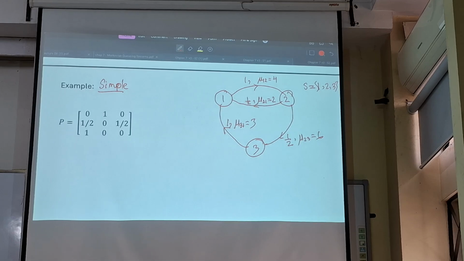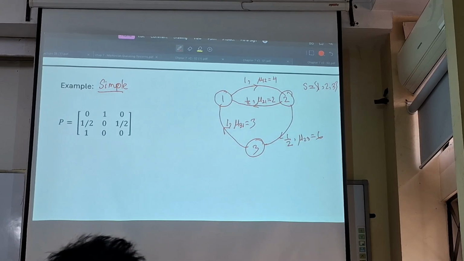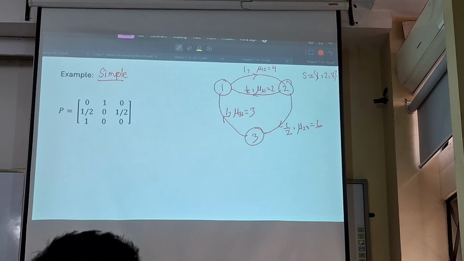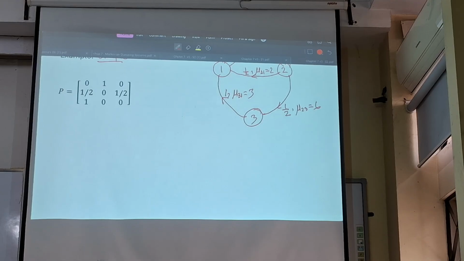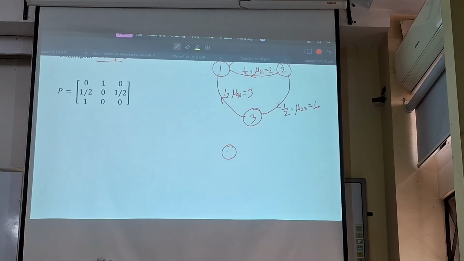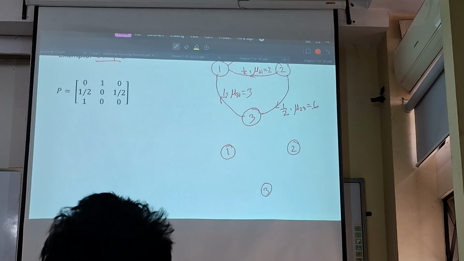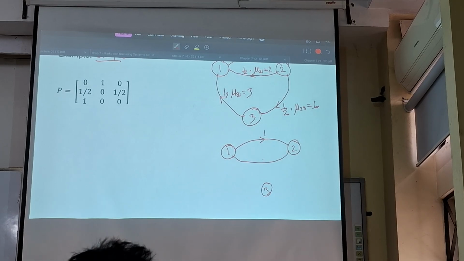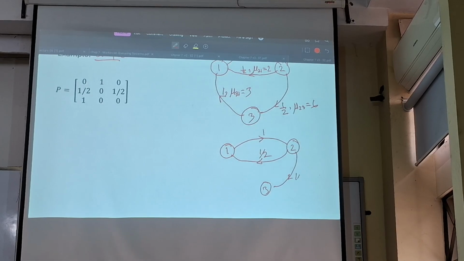Now, from this process, if we just consider the transition probabilities and ignore the holding time, then we have an embedded Markov chain like this. Probability is 1, probability is half, probability is half, and probability is 1.